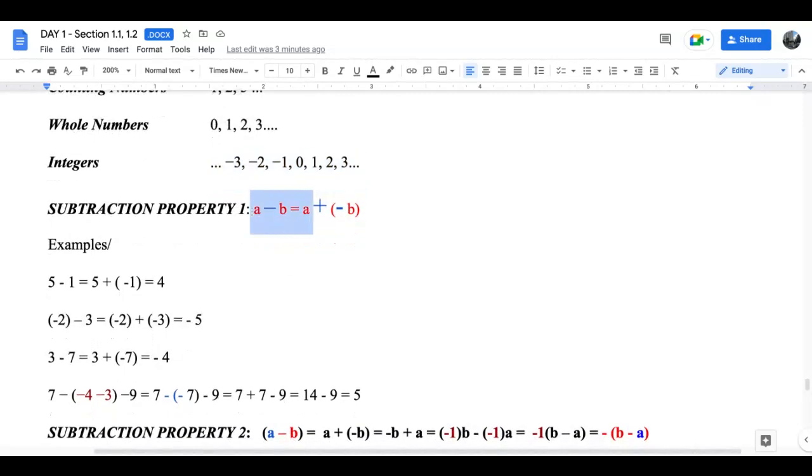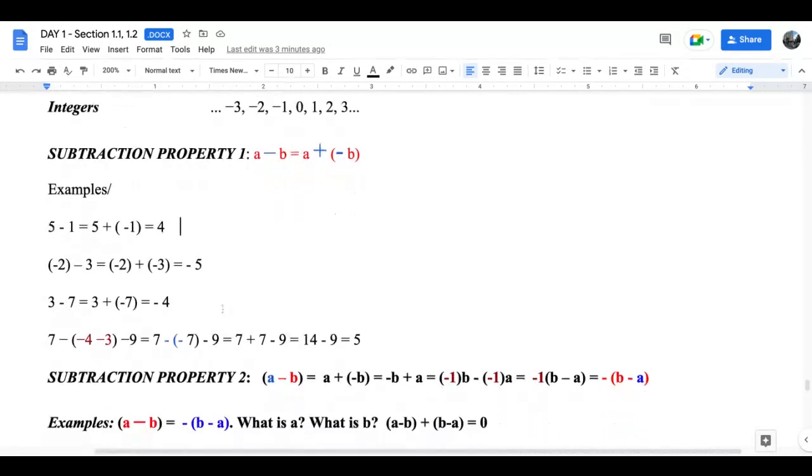So a minus b, we can think of that as a plus negative b, right? Like 5 minus 1, we can think of as 5 plus negative 1, which equals 4. Usually we do the opposite, right?